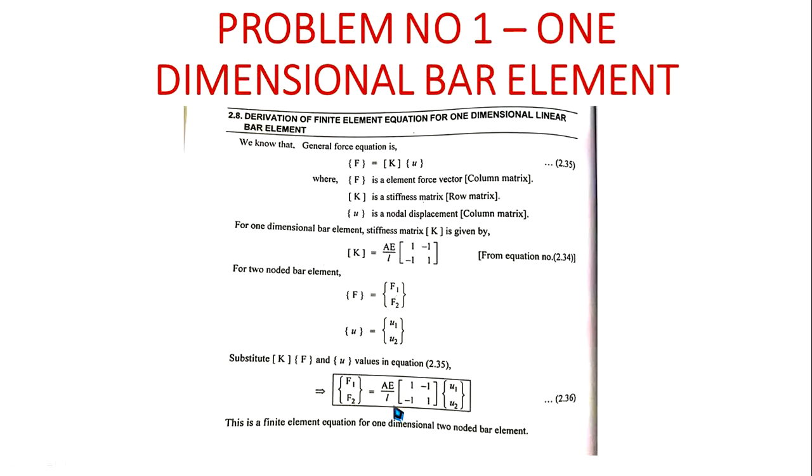The two main things to consider for the coming problems: first, whenever there is a change in area, a change in cross section, you have to note that and specify a different element.